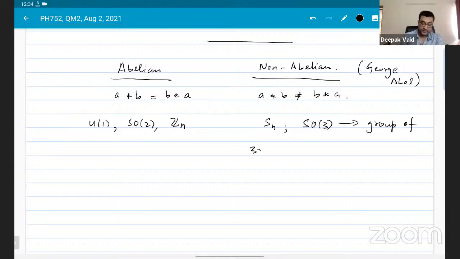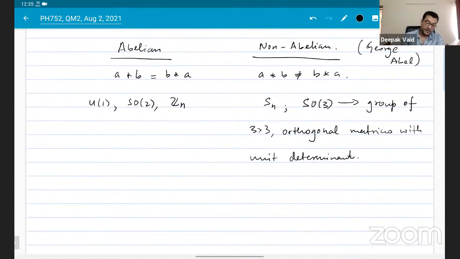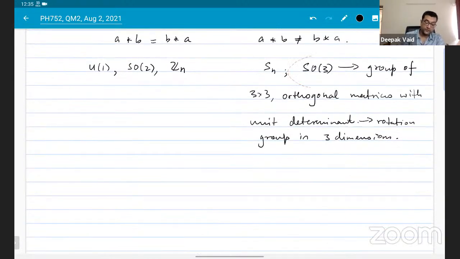So it's a group of 3 by 3 orthogonal matrices with unit determinant. And this is actually also the rotation group in 3 dimensions. Okay. Now, this will be important for us when we talk about angular momentum in the next section.